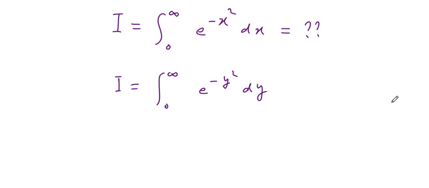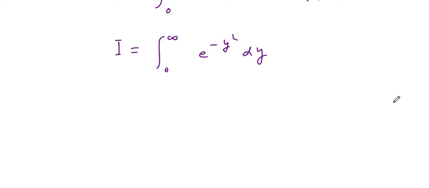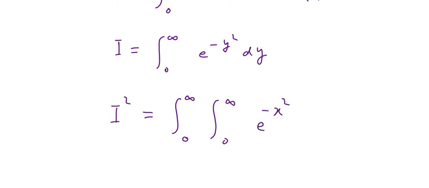So we multiply them together, so I squared equals, we can change this to a double integration, x from 0 to infinity, y also from 0 to infinity. So this function becomes e to the negative x squared times e to the negative y squared, dx dy.